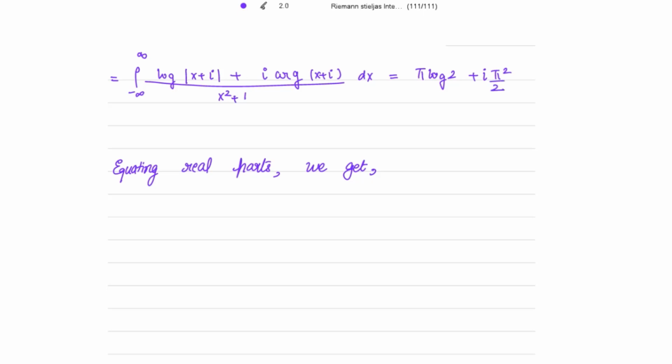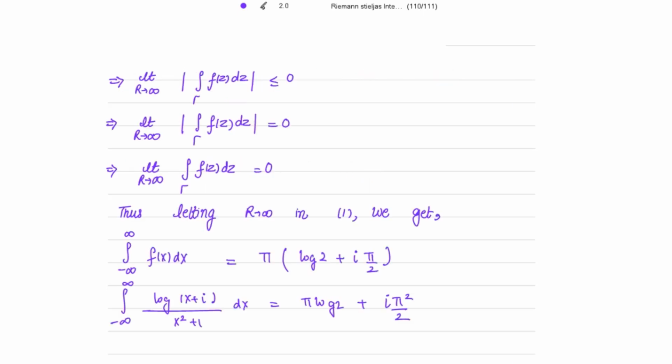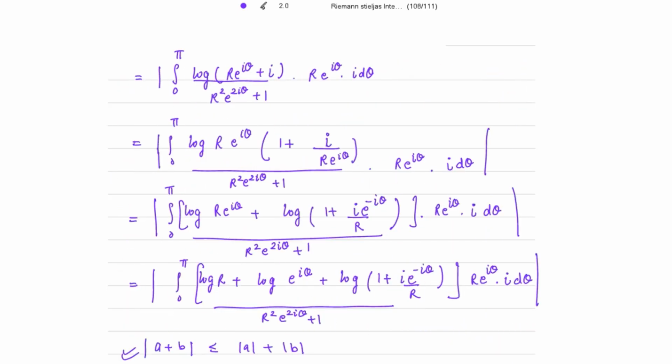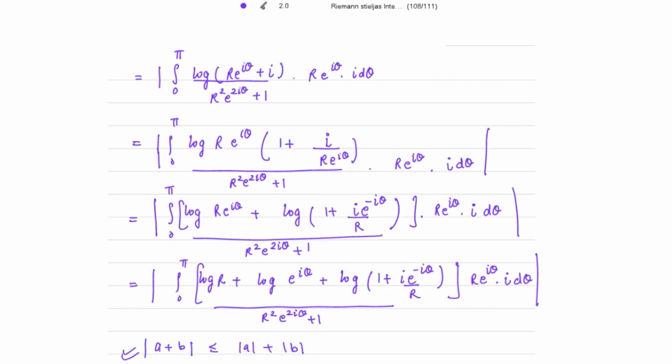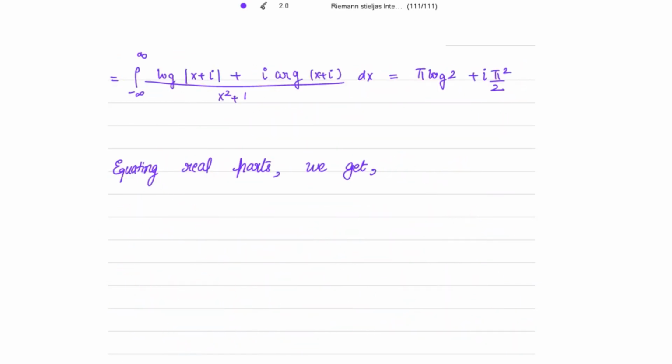Now I need to equate the real part or imaginary part. For this, you need to check your integration. So let's go back. I need pi log 2, right? Where is pi log 2? Is this the imaginary part or the real part?